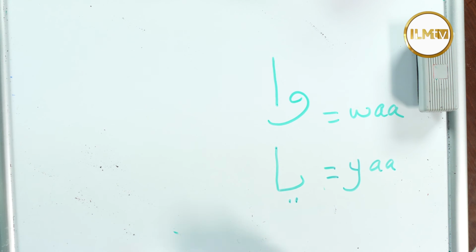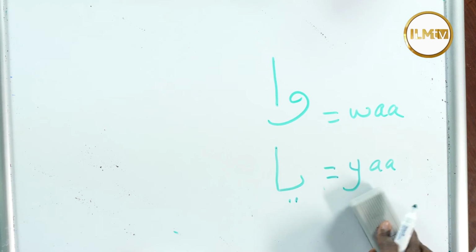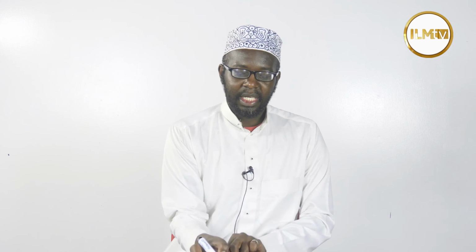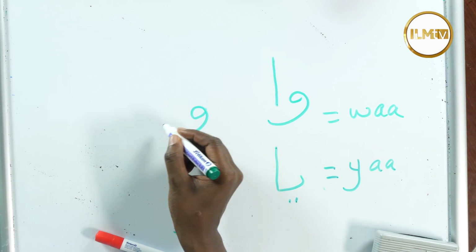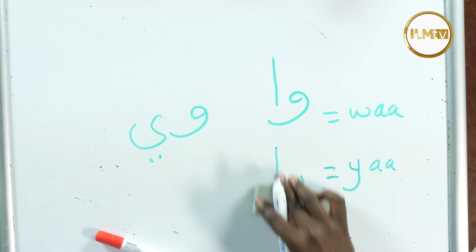And we remember we said whenever you see two dots below anything, it's a ya, like a Y or double E. So what happens now when we join waw and ya together? For example, we have waw followed by ya. How do we read this?